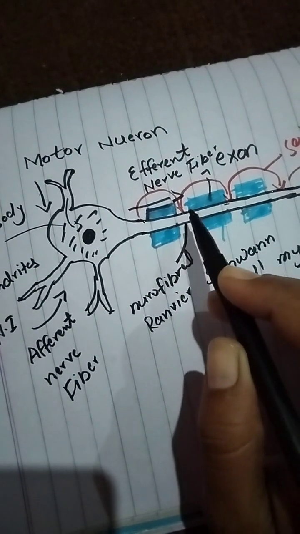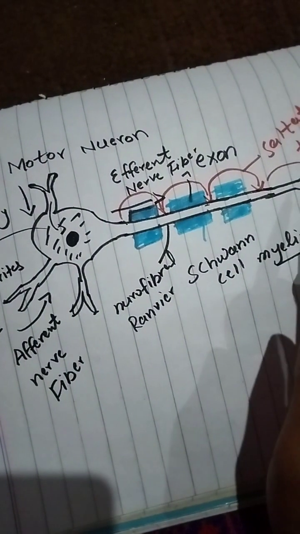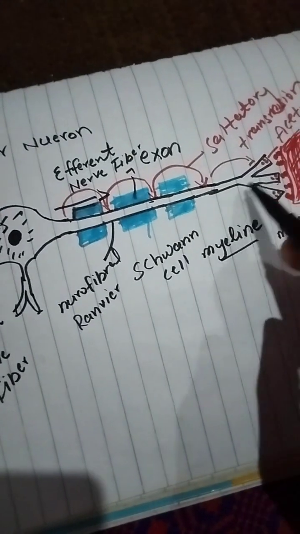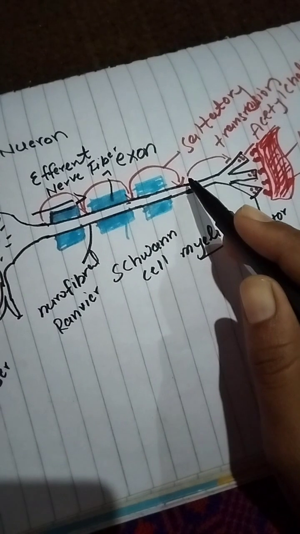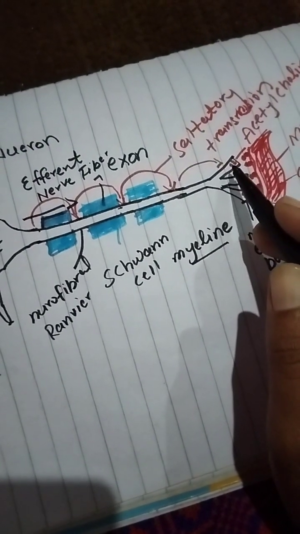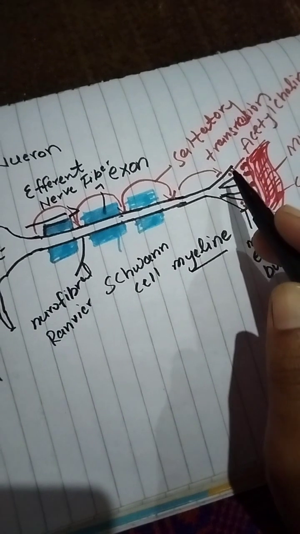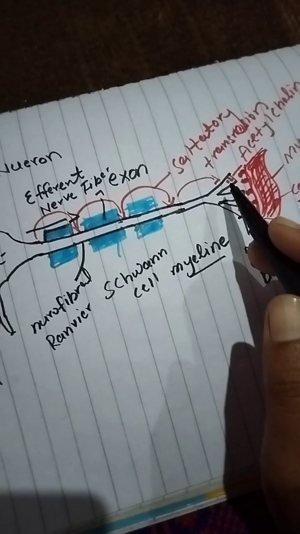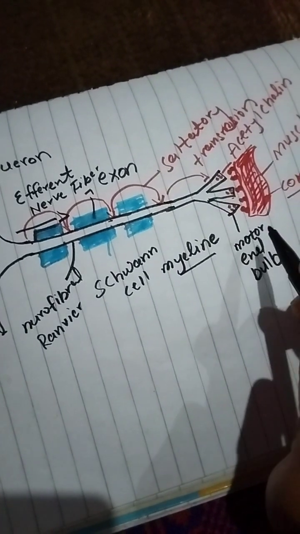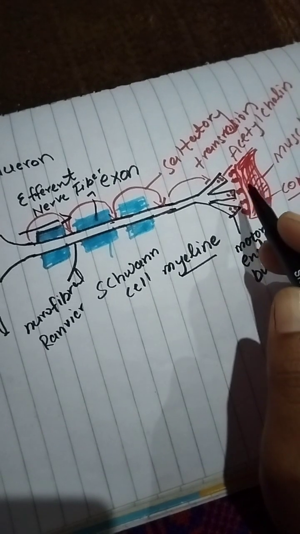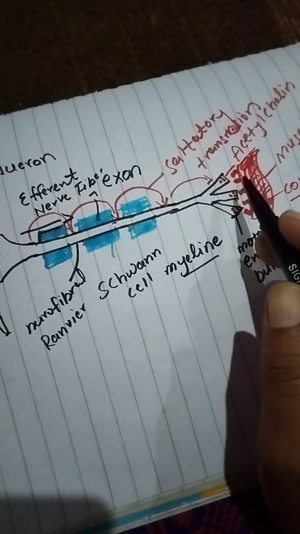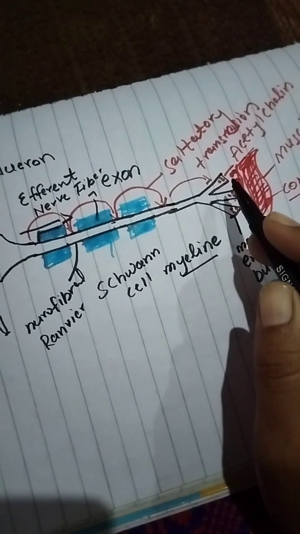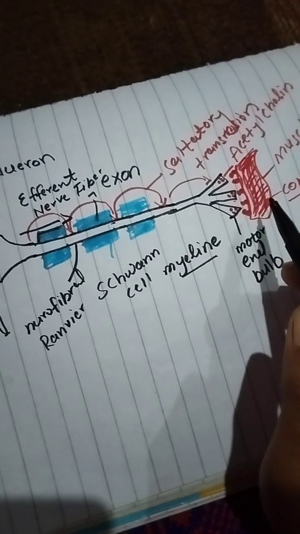In this way, the nerve message runs quickly, and the nerve impulse stimulates the acetylcholine chemical transmitters. These chemical transmitters start releasing from the motor end bulb, and these chemicals attach to the muscle receptors.